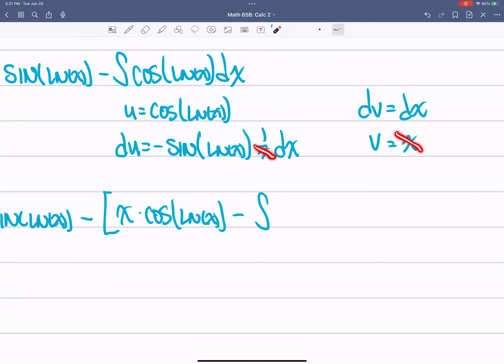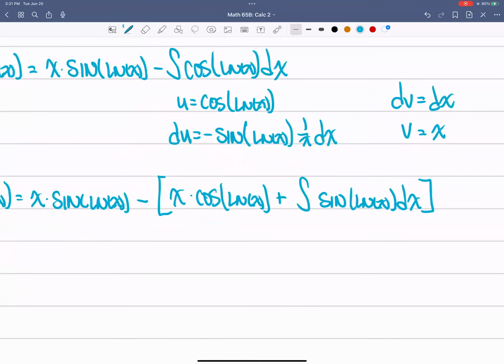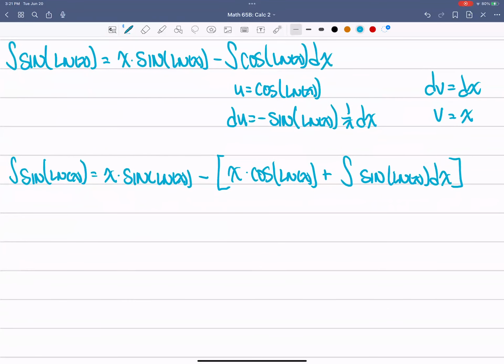So the x's divide out again, and we're left with just this part. So minus, that's going to be plus sine of ln of x dx. And now let's distribute this through these two parts. So I'm just going to remove the parentheses here, and that's going to be a minus right there.